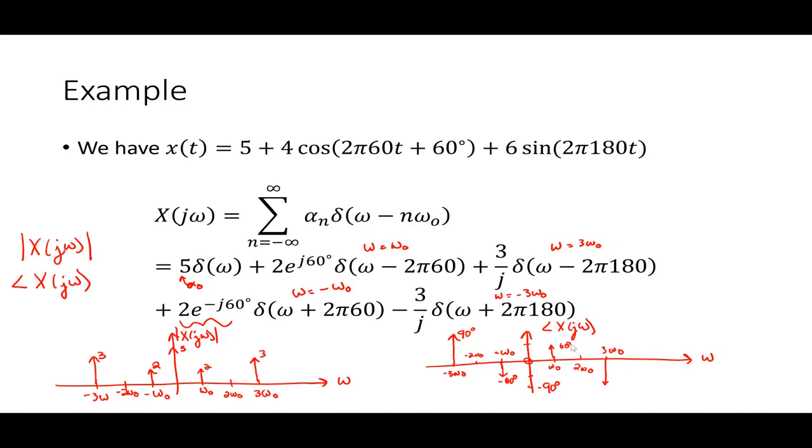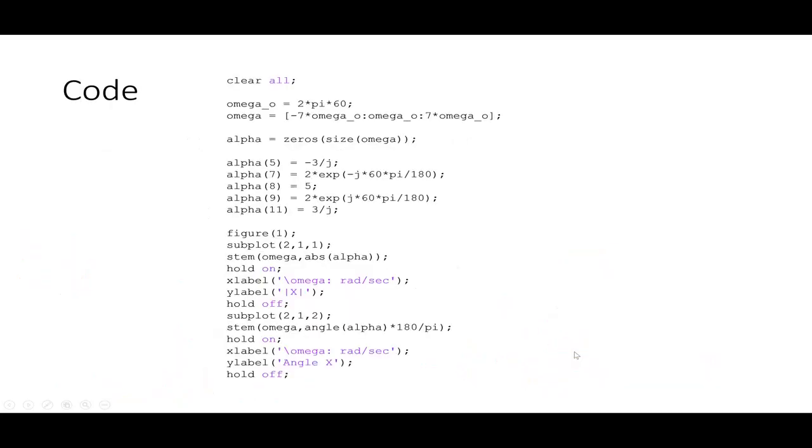Right? I visualize here on the left the magnitudes, and here on the right I visualize the angles. So I wrote a simple piece of MATLAB code to do that. We talked about that a little bit in class, right? So I'm basically, in this case, plotting from -7 omega naught to 7 omega naught, which means that I'm doing essentially 7 harmonics, okay?